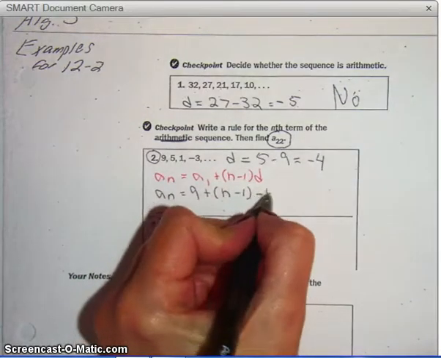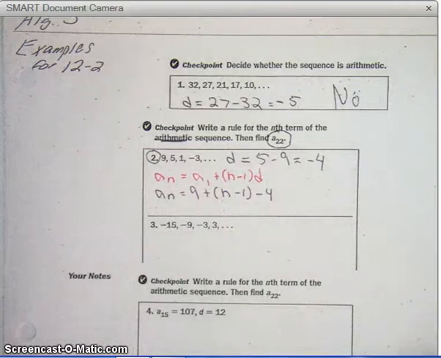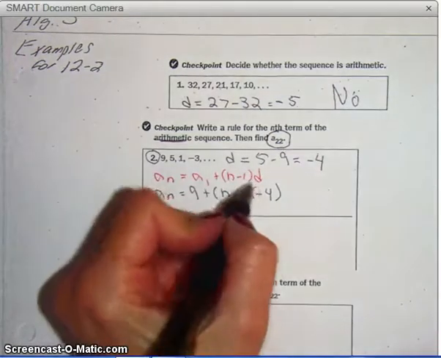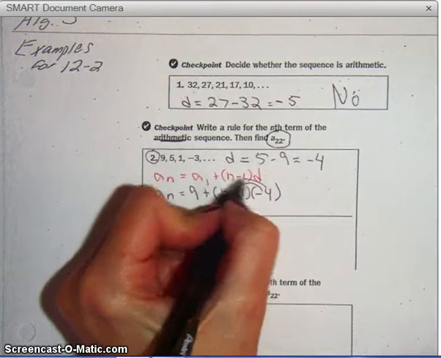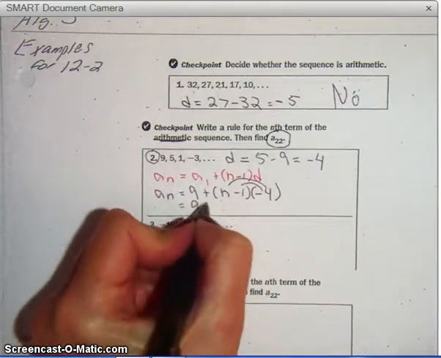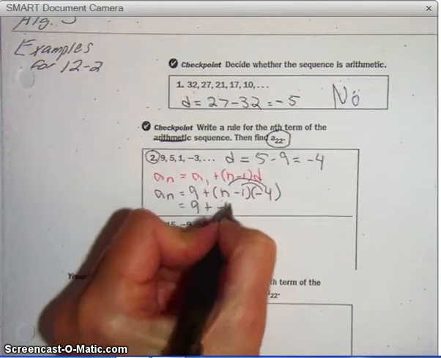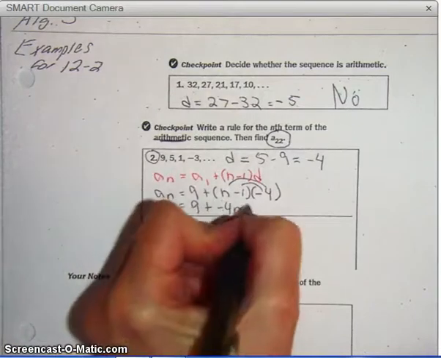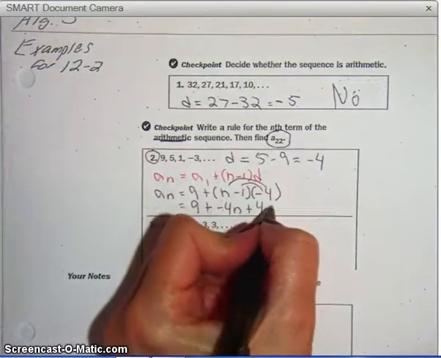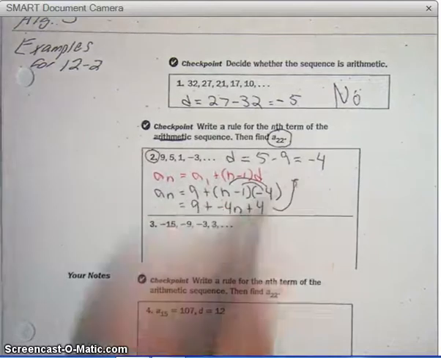Now here I have an issue, guys, because if you do it like that, doesn't it look like minus 4? Okay, but it's not minus 4. It's times -4. All right, make algebra teachers proud. What property is that? All right, so now we have 9 plus -4n plus 4. And all we have to do is simplify that.